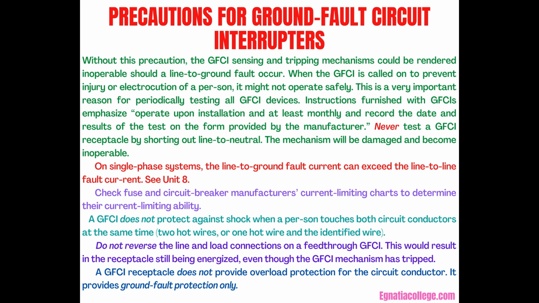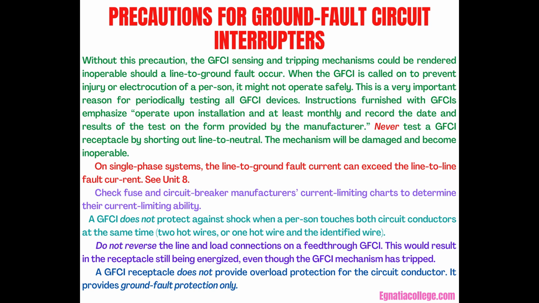Instructions furnished with GFCIs emphasize: operate upon installation and at least monthly, and record the date and results of the test on the form provided by the manufacturer. Never test a GFCI receptacle by shorting out line to neutral. The mechanism will be damaged and become inoperable. On single-phase systems, the line-to-ground fault current can exceed the line-to-line fault current.